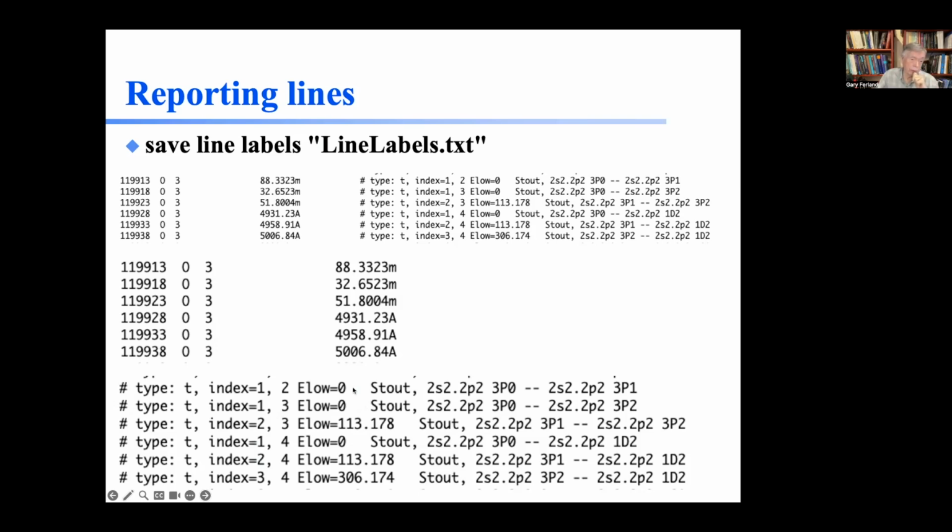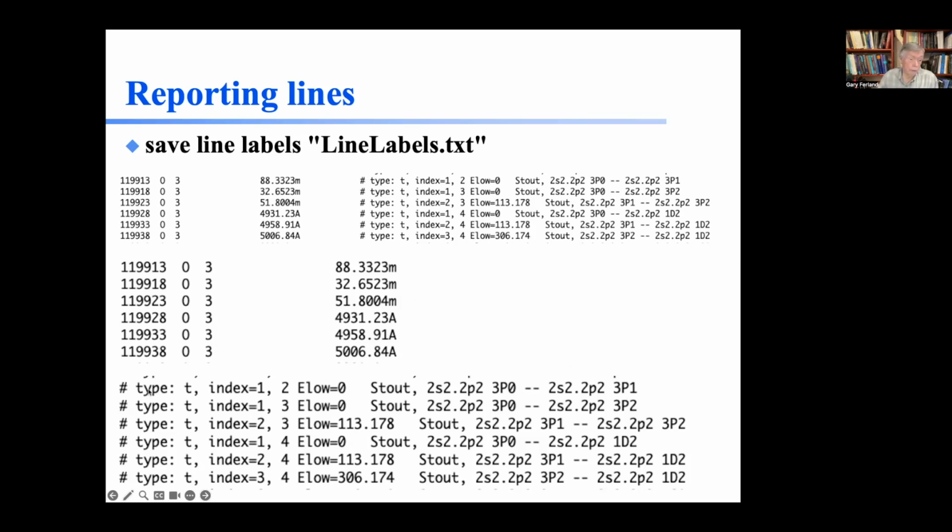The E low is the low energy in wave numbers, a different way of identifying the low state. And then stout tells you that we're using the stout database. The rest of the line is the designation of the quantum level using LS coupling notation.